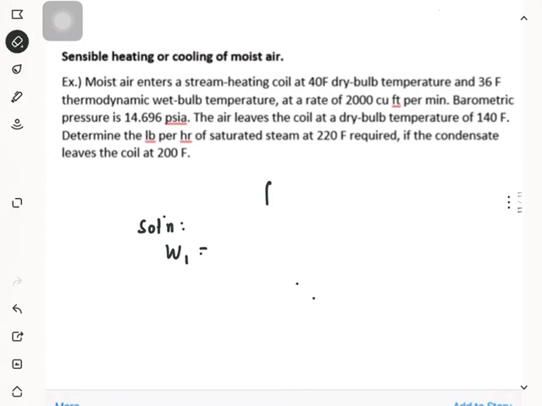We have this humidity ratio 1 equivalent to 0.00359 pound per pound of air.